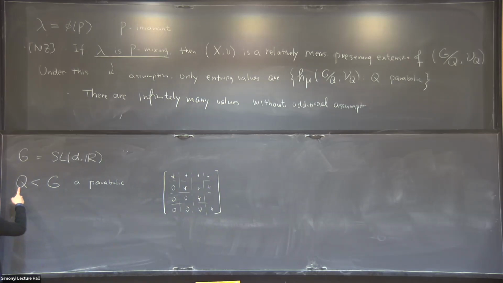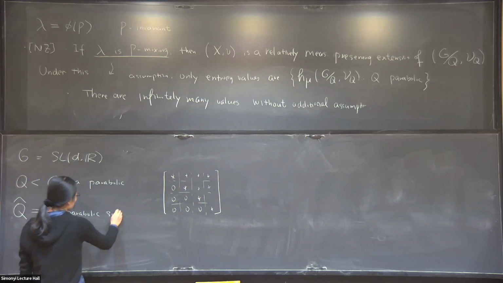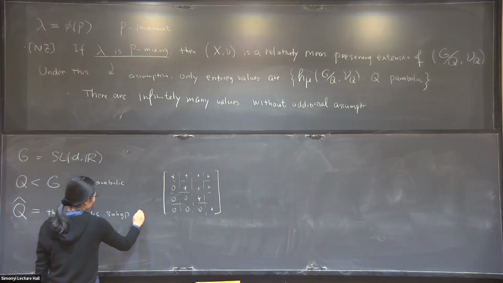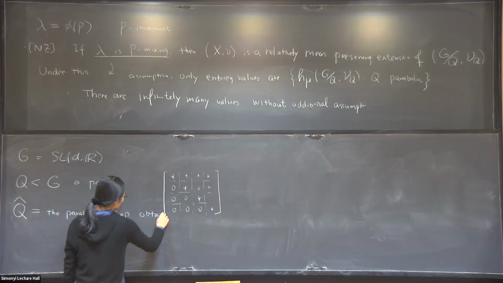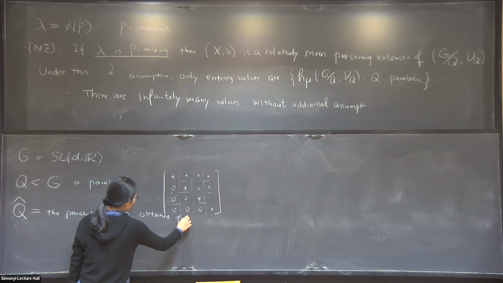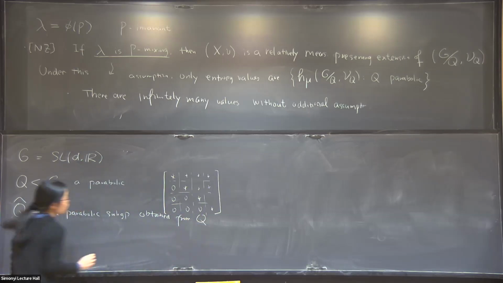So if I have this matrix, define Q hat to be the parabolic subgroup obtained from Q by removing all the 2 by 2 blocks.